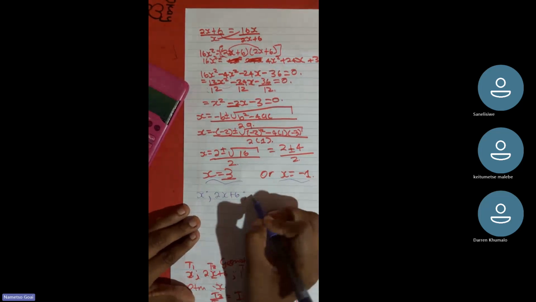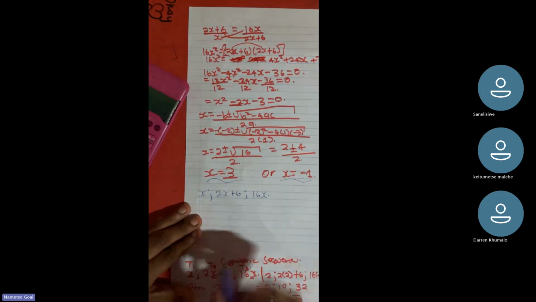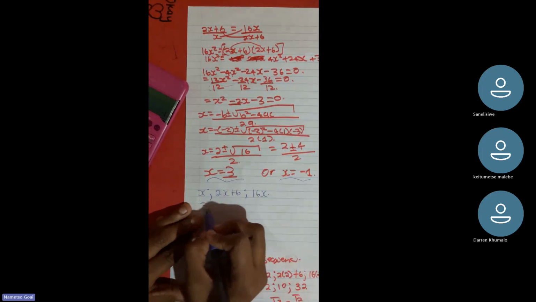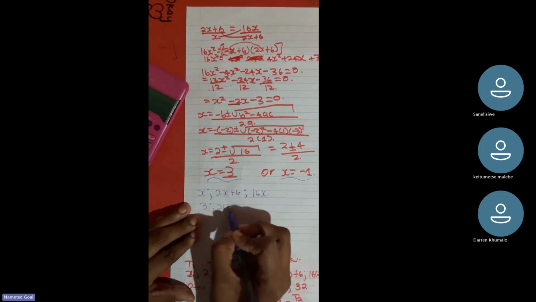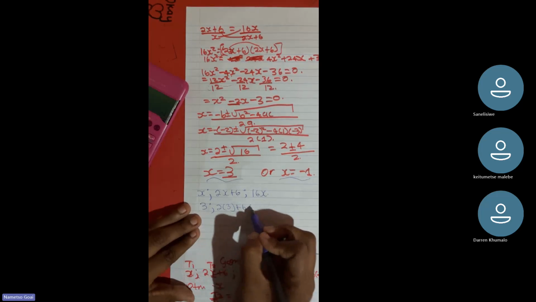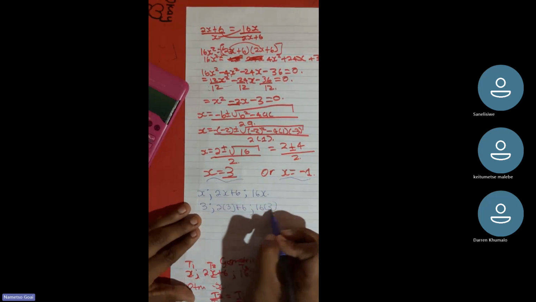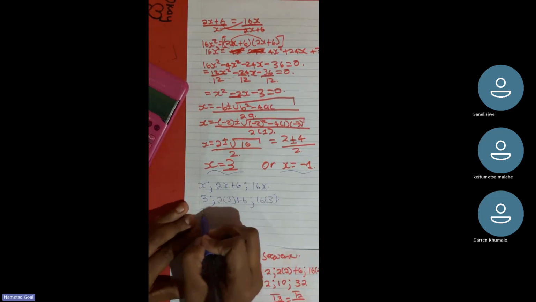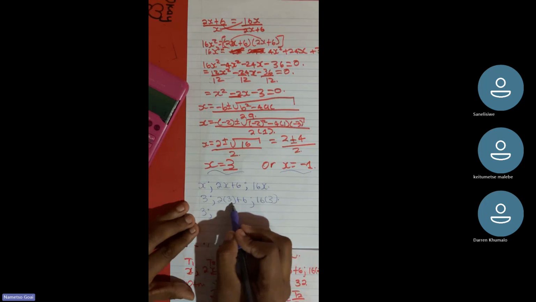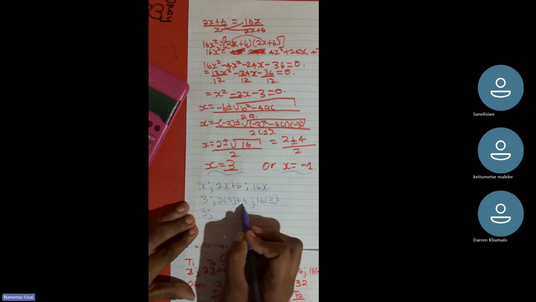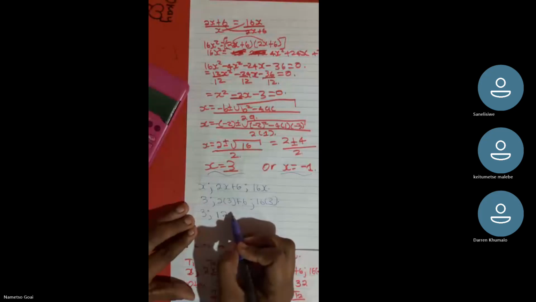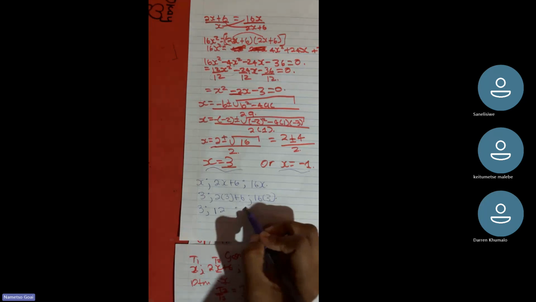Then for the third one, we have 16x, right? When we substitute in our 3, we're going to have 3, 2 times 3 plus 6, 16 times 3. This will give me 3, 6 plus 6, that's 12, right? And then 16 times 3, which is going to give me 48.